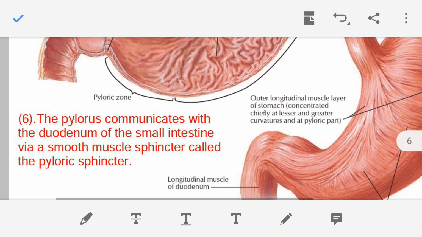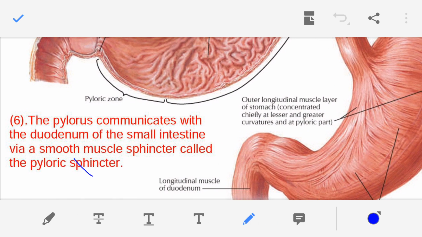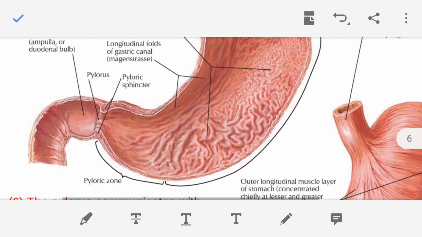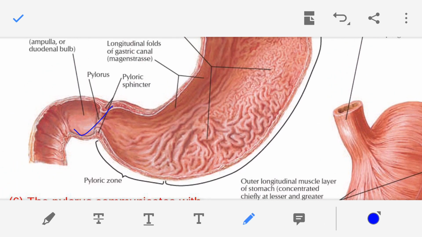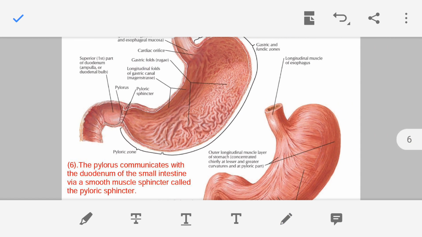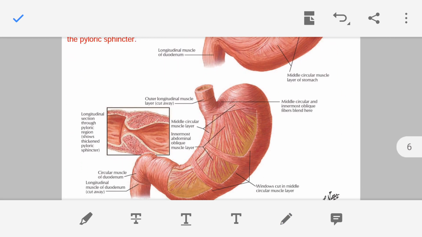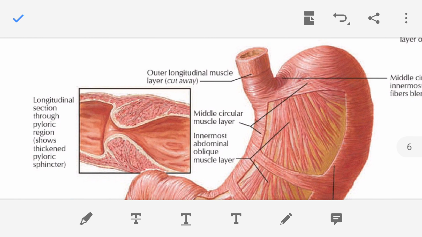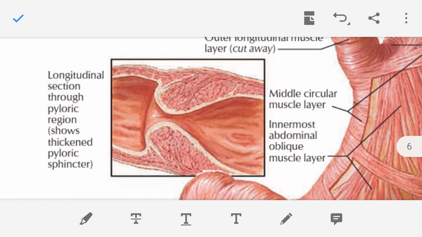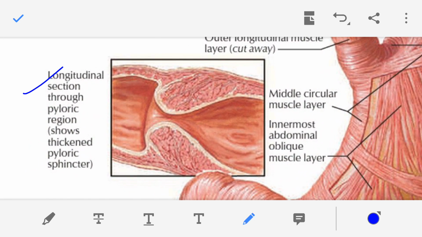So this is the meaning of this sixth point. I'm showing you the sixth point, and this one is the figure. And one more figure. You can read here: longitudinal section through pyloric region, and in the bracket it shows thickened pyloric sphincter.